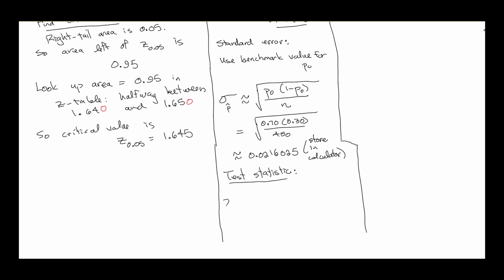Okay, so for this, p hat minus p0 divided by that standard error. So remember our general principle. What are we going to do when calculating our test statistic? We're always going to subtract what we're comparing.